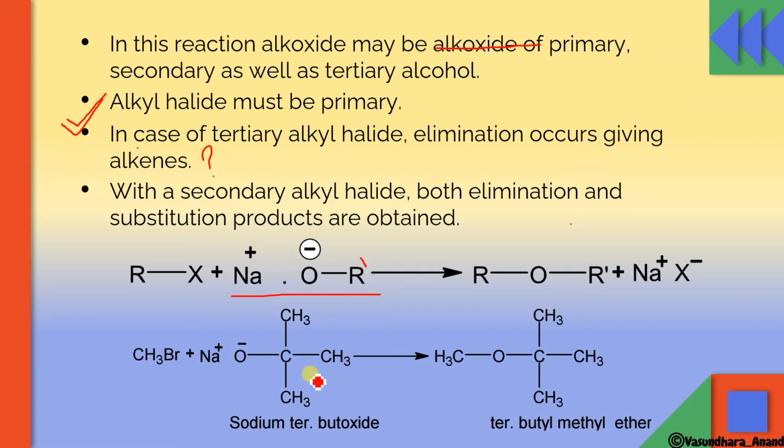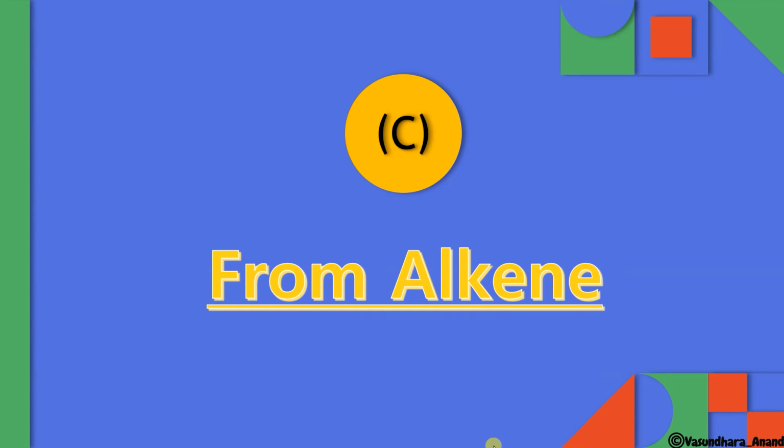That means this alkoxide is tertiary, isn't it? So in that case also, it will go on and form the CH3. Since the halide is primary, it will form ether. So simply Na and Br will be removed and CH3 will attach to this oxygen and it will form tertiary butyl methyl ether.